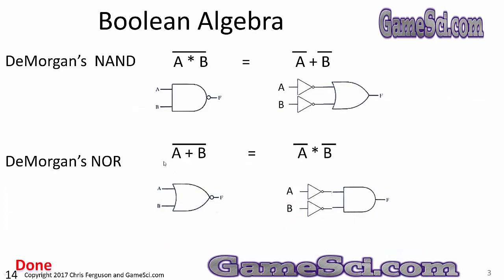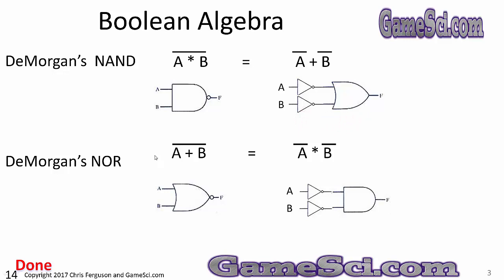To go into a little more detail, a NAND gate is A and B, not the result. That can be simplified with De Morgan's theorem to not A or not B. Here's the circuit diagram for a NAND gate. Here's the result of De Morgan's theorem, and this circuit uses 2 NOT gates and a single OR.